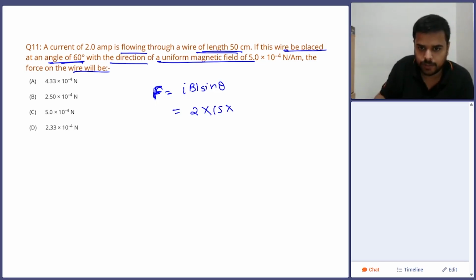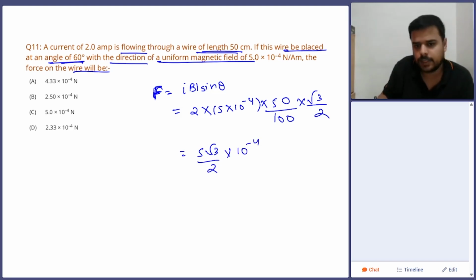So 2 into 5 into 10 to the power minus 4 into 50 by 100 into root 3 by 2. So 5 root 3 by 2 into 10 to the power minus 4, and root 3 is 1.73, so this is 4.33 into 10 to the power minus 4 approximately.